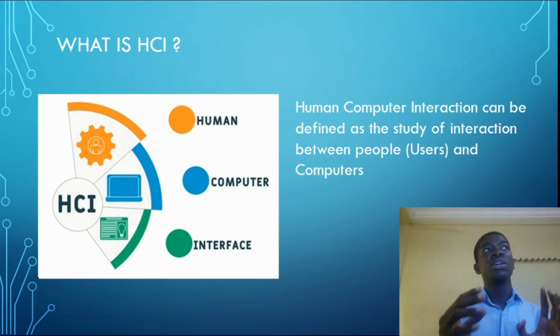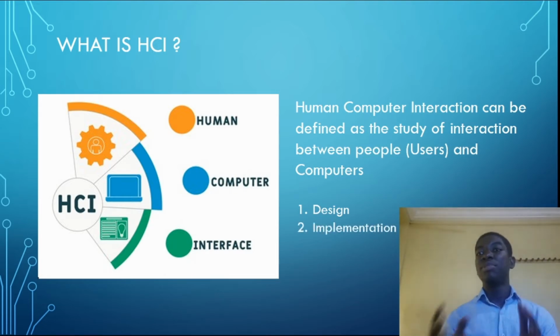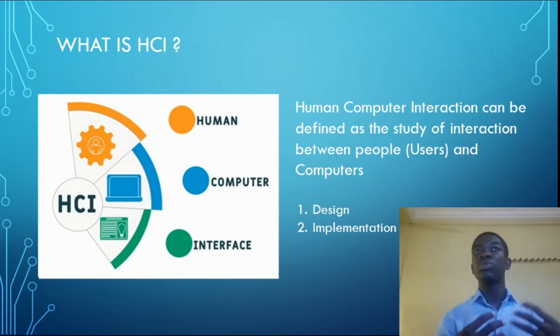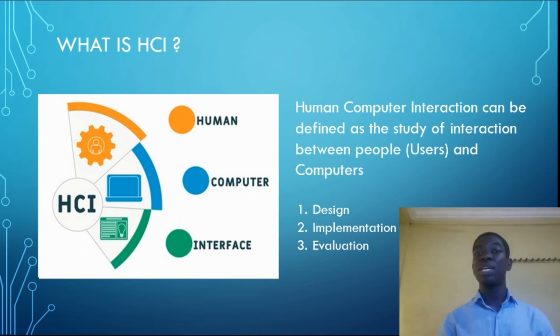Actually, human computer interaction is concerned with the design of systems. Do you get it? Designing systems. And then the next one is implementation. After the system has been designed, how is it going to be implemented? And after it has been implemented, we look at its impact with use, because when the systems are implemented, it is people who are going to use them. So we get their feedback.